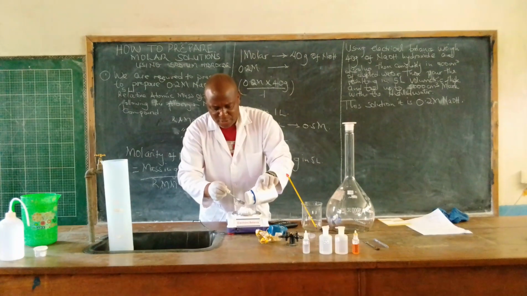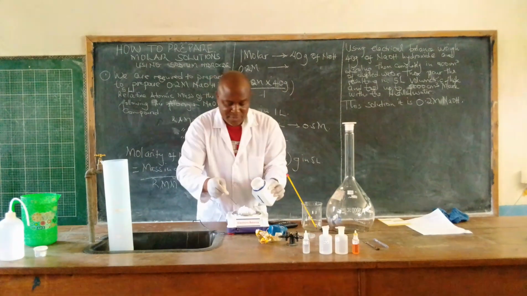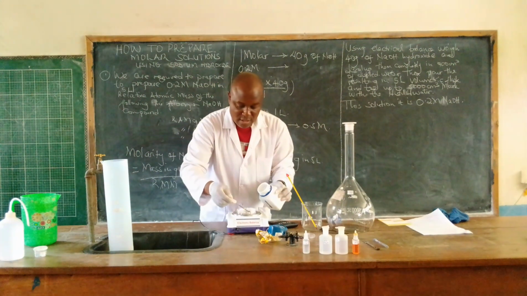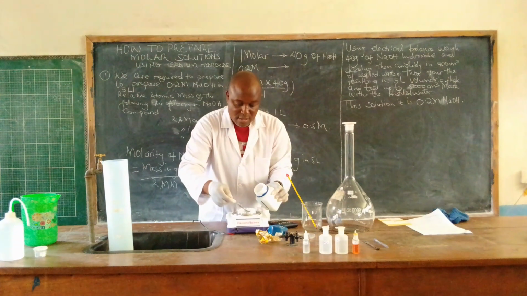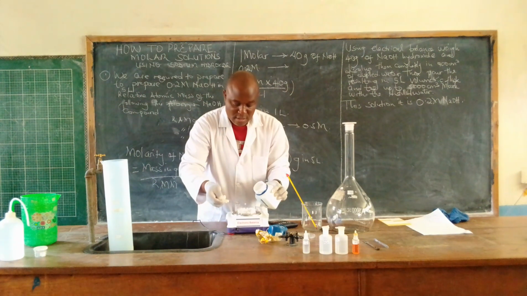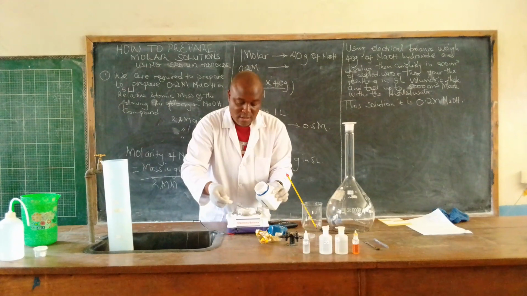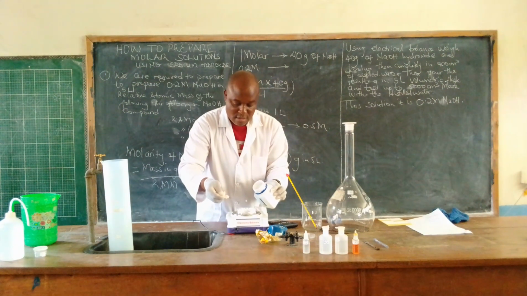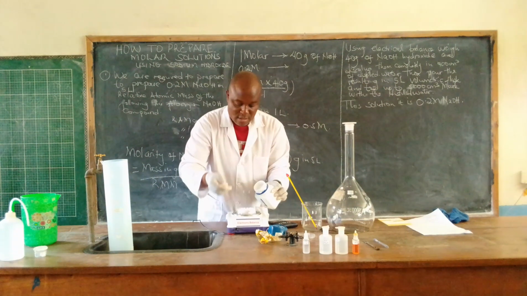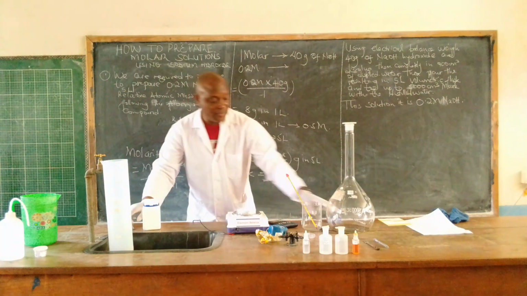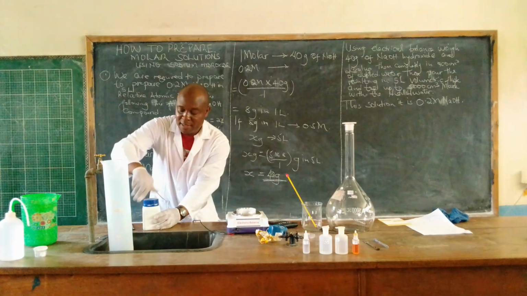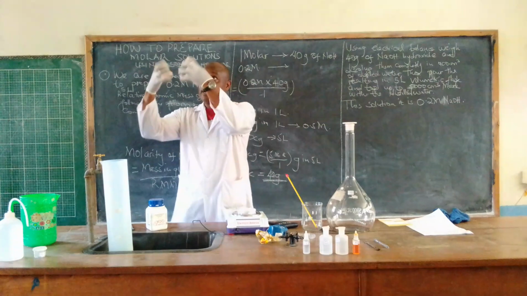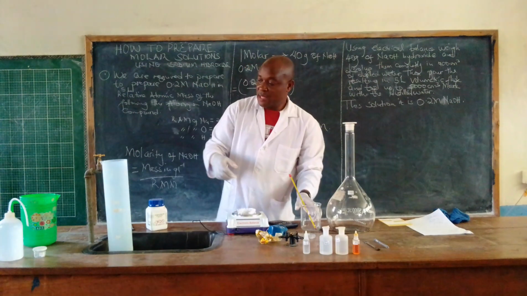You weigh your 40 grams of sodium hydroxide like that. Good, now this is 40. You are supposed to close the container containing sodium hydroxide immediately because it will start absorbing moisture from the surrounding.